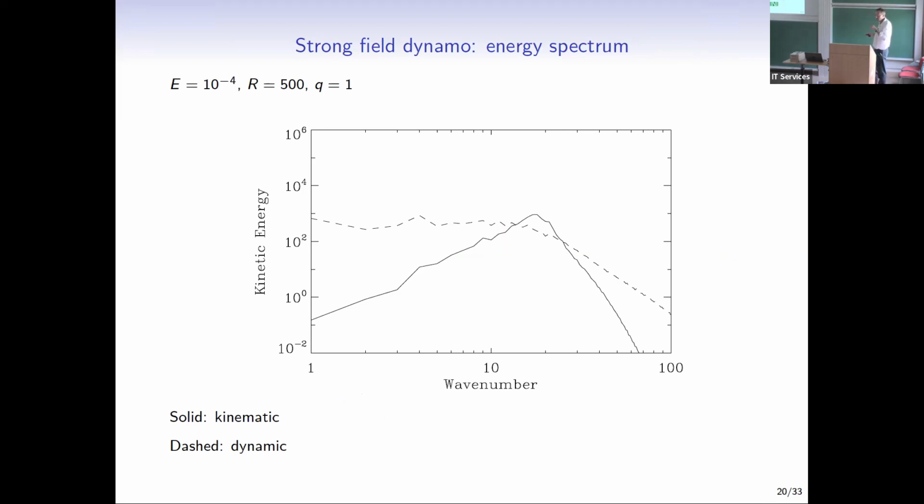And you can see there is an increase in the large scale component of about 4 orders of magnitude. So that in some sense is good if you're on the hunt for MAC solutions, if you're on the hunt for Taylor states, that is good. What is not good is this, because this is increasing the energy at small scales. If this were an out and out MAC solution, it would look something like this, and then it would just come hurtling down. Okay, so we'll come back to that.